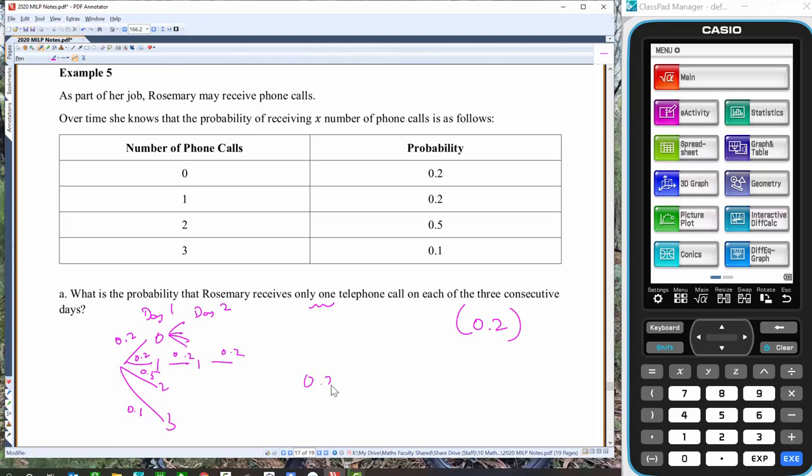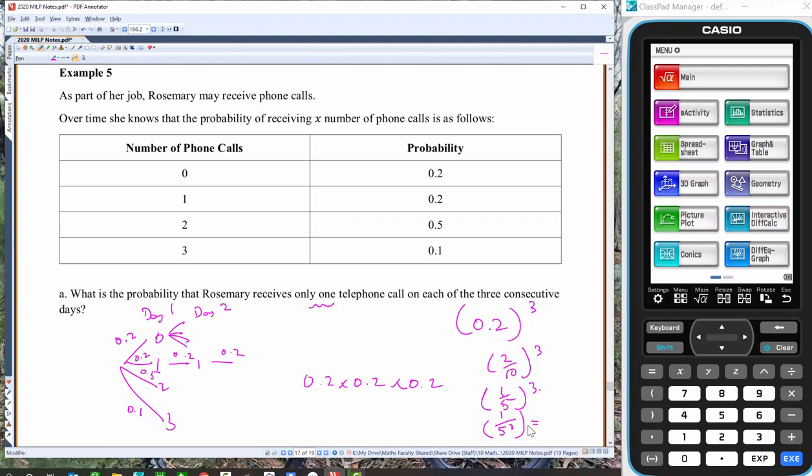Well, let's do it. 0.2 times 0.2 times 0.2, or 0.2 cubed. Now how do you cube a decimal? Well, the answer is you don't. What we're going to do is convert this to a fraction, which is 2/10 cubed, which is 1/5 cubed. Now, when we cube this fraction, we raise 1 to the 3, which is 1, and 5 to the power of 3.